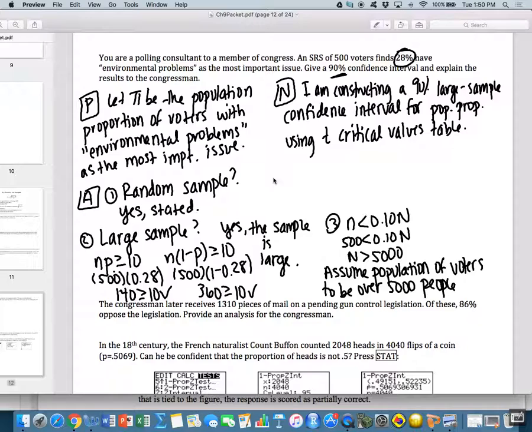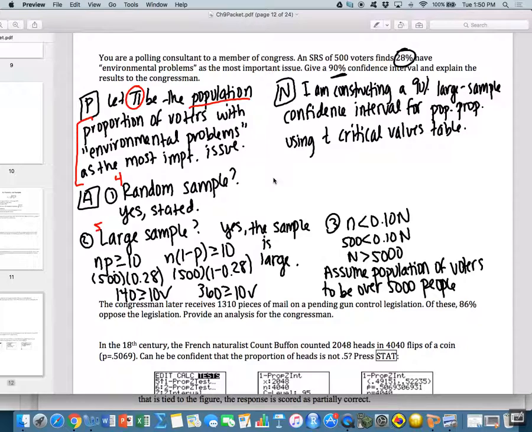I would like to show you what I'm giving you points for. So this problem is worth 18 points when it's completely finished. You get a point for using the correct symbol, so for using pi. You get a point for using the word population. You get a point for the context, so that would be point 3. Point 4 is did you check if it was random? Point 5, did you check that it was large?